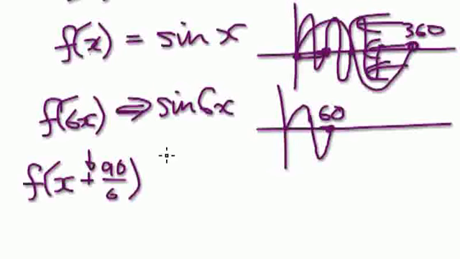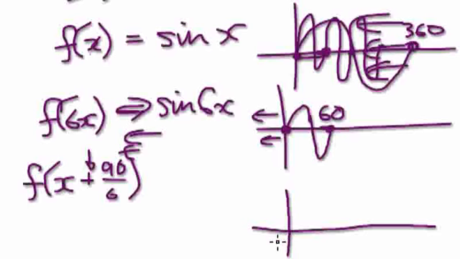Now, because it's a plus, we've got to shift everything in the negative direction. Okay, so let's choose a reference point 0 here. So this point gets shifted across. Everything's going to get shifted across by 90 over 6. Okay, so our diagram will look something like this. And this gap here is 90 over 6.